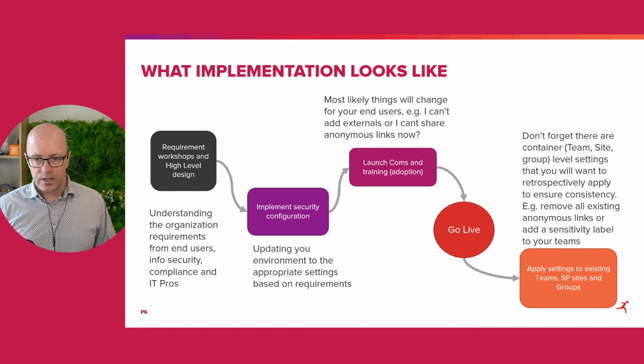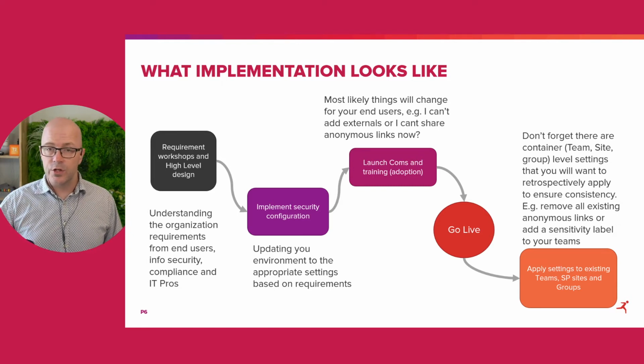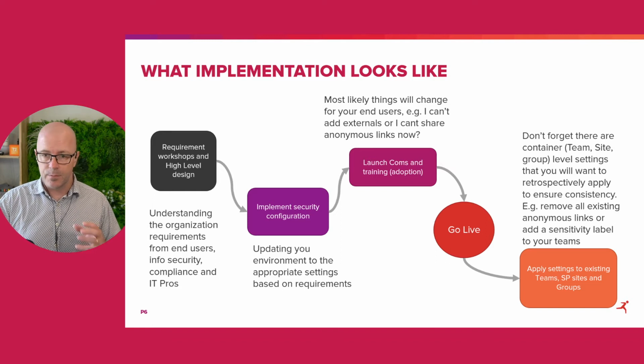Once we've got that set, we want to let people know about how the system is going to be used, so it's important to get that across within a good communications plan, a good adoption and change campaign. So you do need to give people training: the people running the teams, the people collaborating in the teams, and even some training for our external collaborators too, so that they feel comfortable and familiar. And when you go live, then we also have to consider how we're going to secure the teams, the sites, and various things in the background.